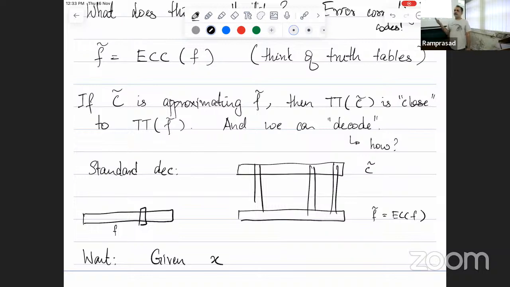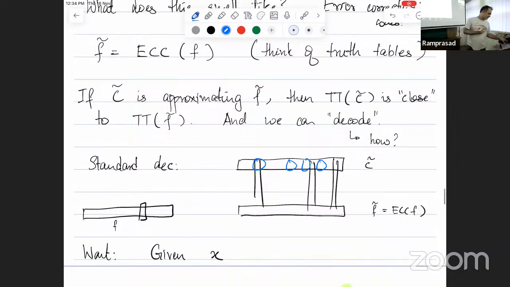So it's feasible that maybe you don't need to read all of C tilde at all. Maybe in order to figure out this X, you read just this bit, this bit, this bit, and this bit, do some specific computation on top of it, and then say, oh, the corrected message value is actually F or something. So you would want a decoding procedure which is not even looking at the whole input, as long as you only care about a specific bit of the message.